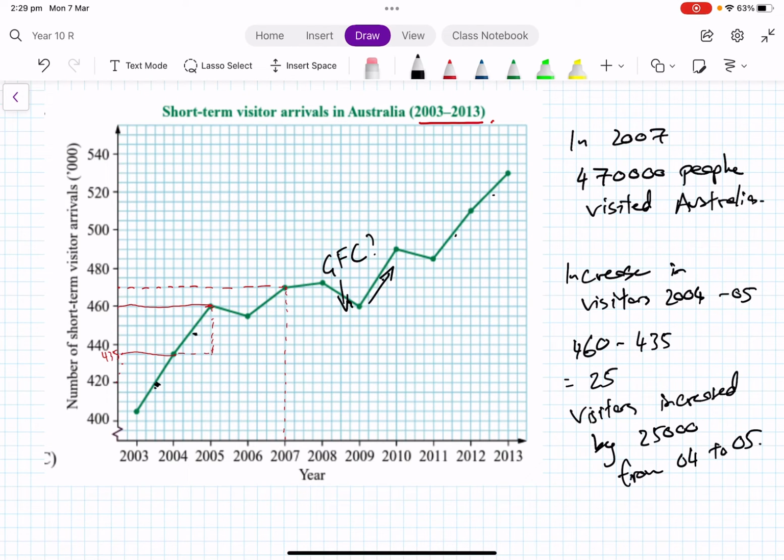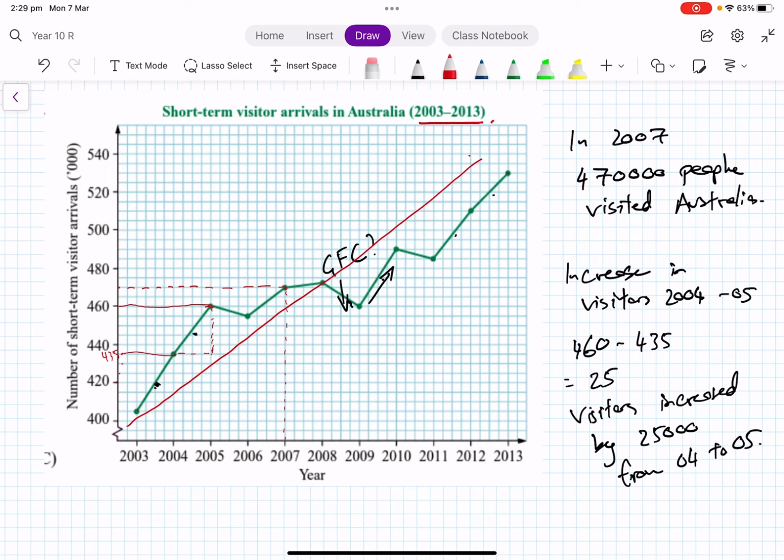But the final thing to ask is, if you look at the data, we can drill in, but we also want to take a step back and look at it as a whole. Are there any trends? Are there any overall patterns? A very important thing to notice is that overall, between 2003 and 2013, the trend is that it has increased every year, basically, and over that time there's been a massive increase.